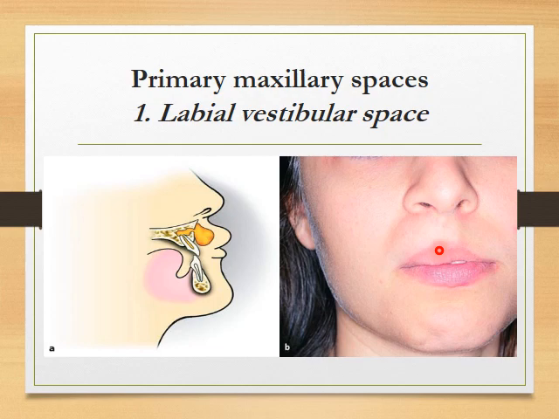The surgical approach is even more important than the antibiotic therapy. So with each space we will discuss the surgical approach to it, and the details of the surgical approach we will discuss later in the next lecture, God willing.